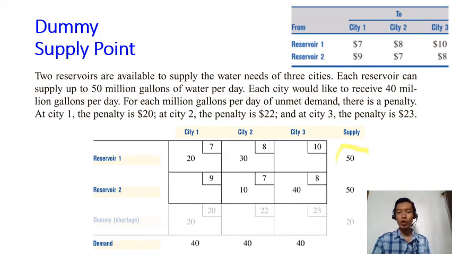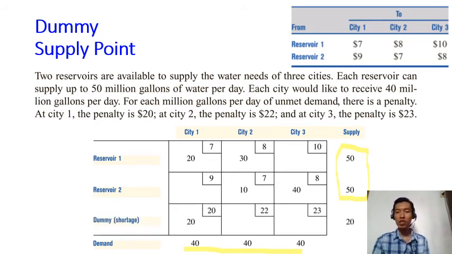So our original supply is only 100 million gallons. Our demand is 120 million gallons. So we have less supply than demand. To make things balance between the supply and the demand, we just add a dummy supply point. So we are adding 20 million gallons.